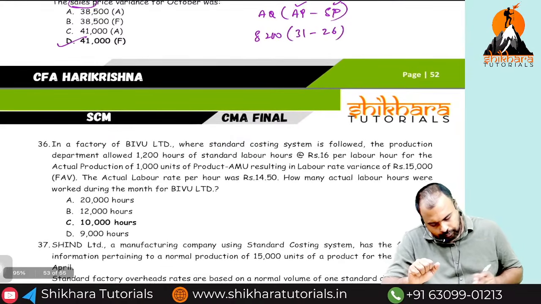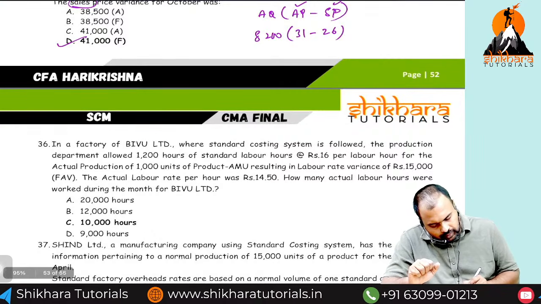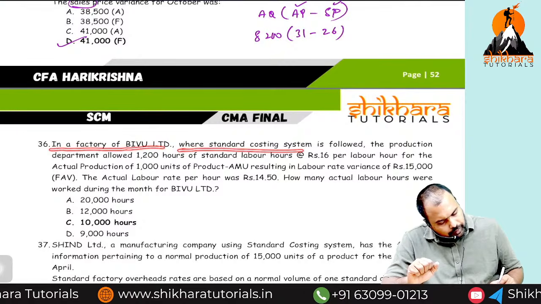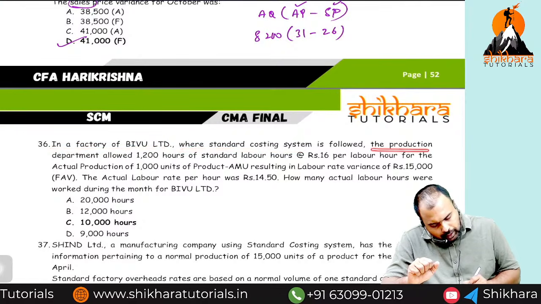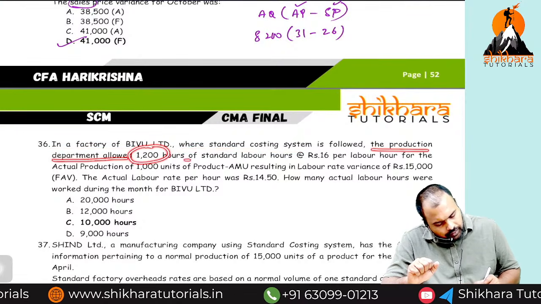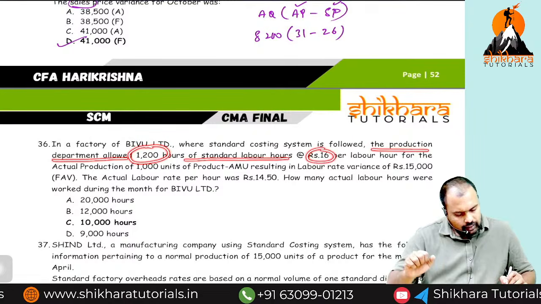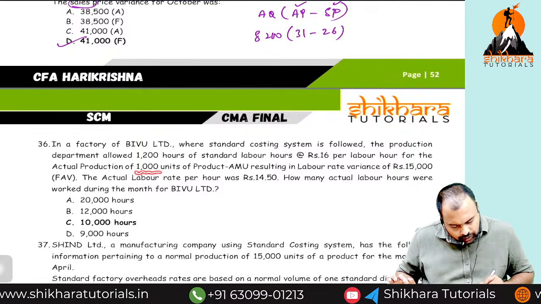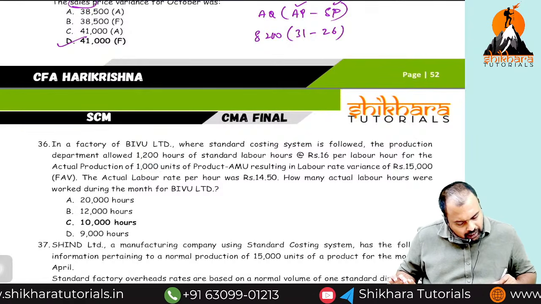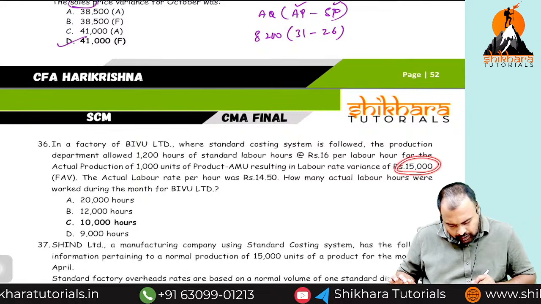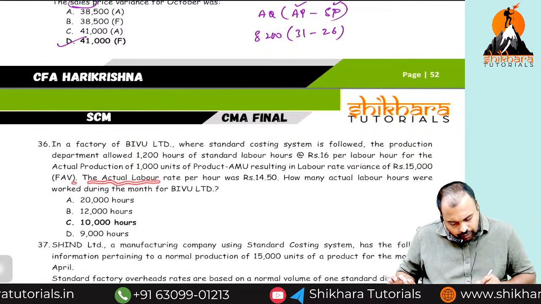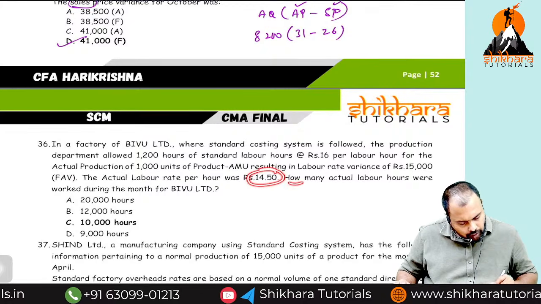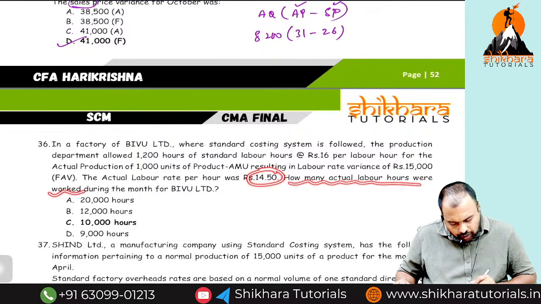Next, in a factory where a standard costing system is followed, the production department allowed 1200 standard labor hours at a rate of 16 for the actual output of 1000 units of a product, AMU, resulting in a labor rate variance of 15,000 favorable. The actual labor rate per hour is 14.5. How much actual labor time was worked during the period?